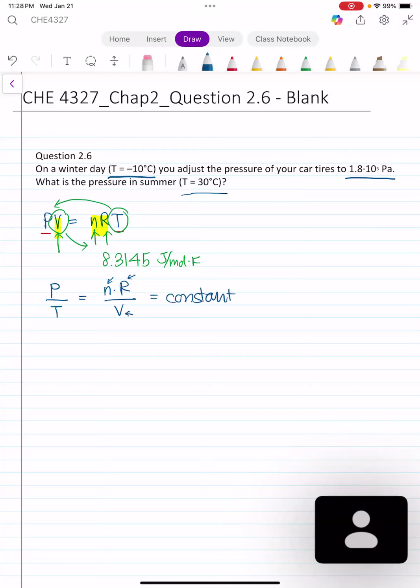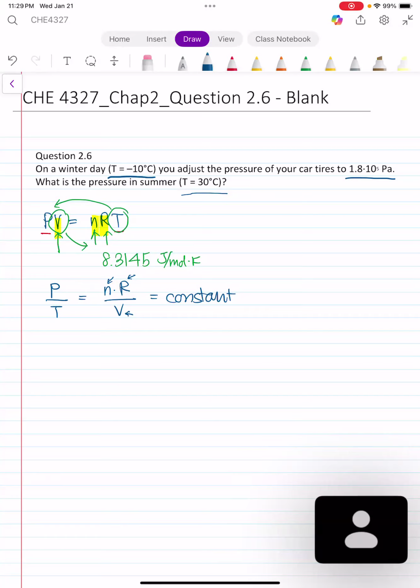In other words, if you take the value of P and then divide it by T at any temperature or any pressure, this ratio has to remain constant.